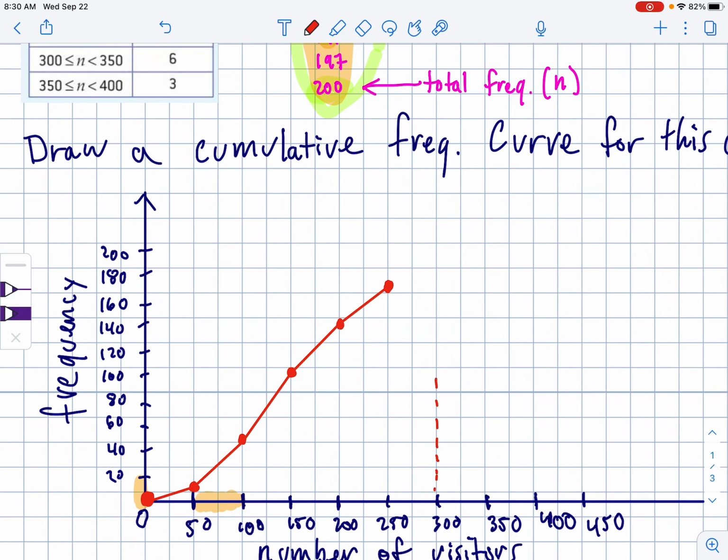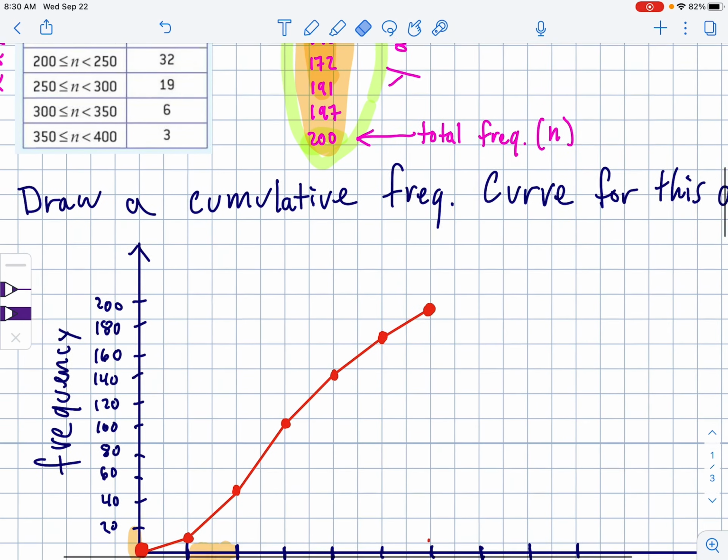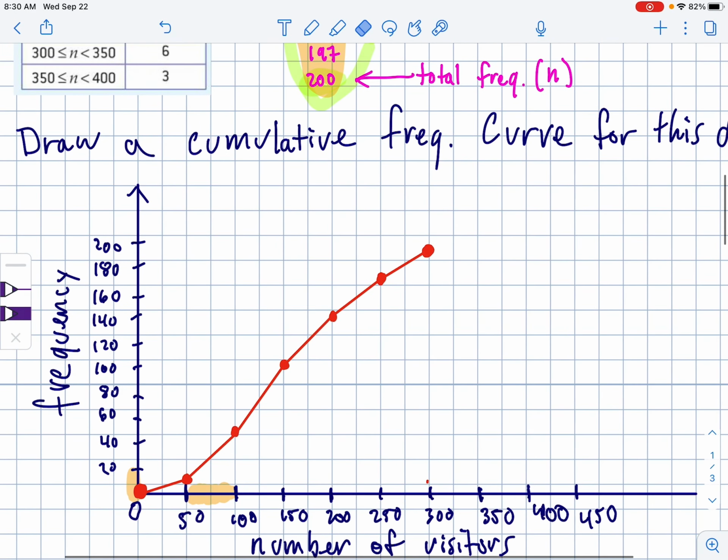Then 191. So I'm tracing up from 300 and figuring out where 191 would be. It's probably right about here. Then I'll get rid of those because that was just helping me keep track of what I was doing. And then 197, so not much of a jump there. It's kind of flattening out, and that usually happens with these.